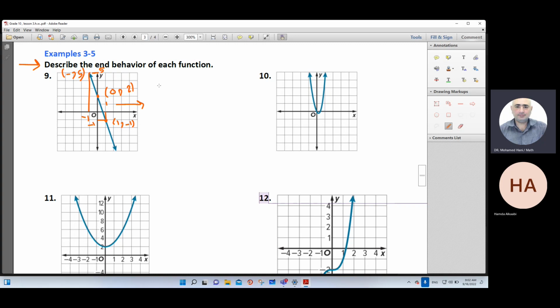So we can write here: x approaches infinity, y approaches negative infinity. And if you go left, we have the opposite result. When you go left, as you see here, x is 1, then 0, then -1. When you go left, x will decrease, meaning x goes to negative infinity.